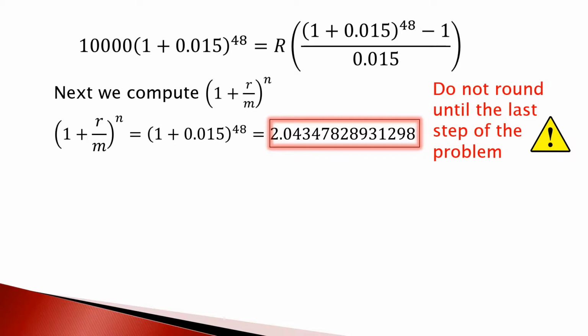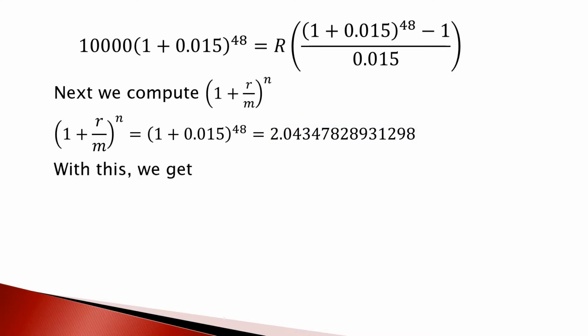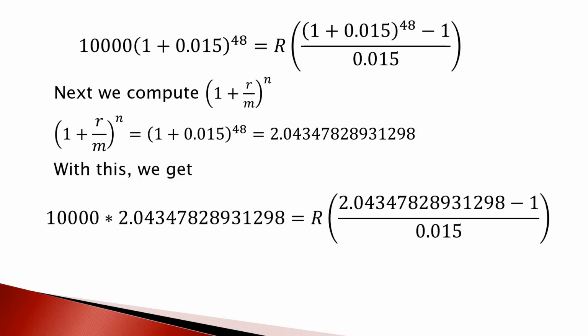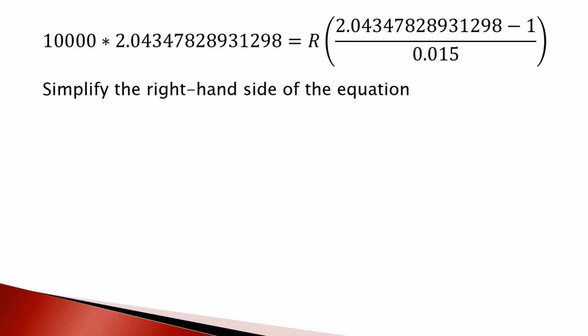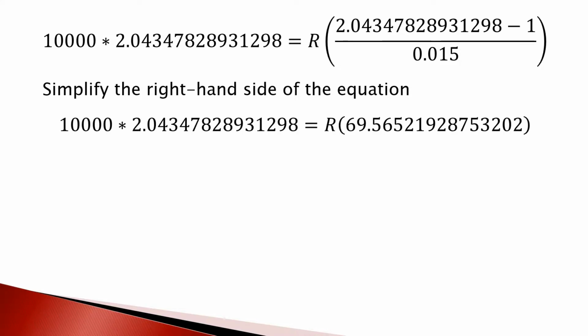Please do not round any quantities until the last step of the problem. With this simplification, our formula looks like this. Now we can simplify the right-hand side of this expression. Finally, this is the expression we were looking for.